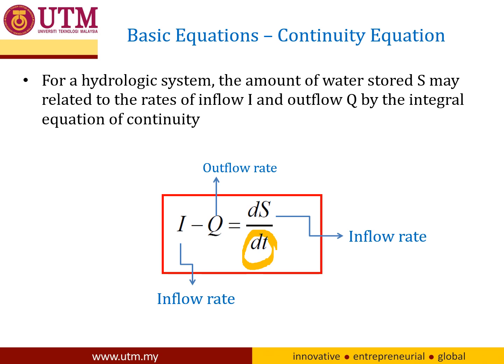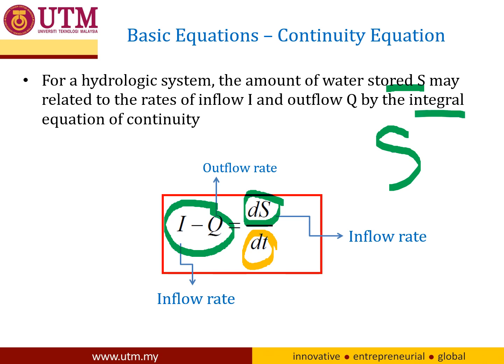So the concept here is that for a hydrologic system, the amount of water stored, or storage, may relate to the rates of inflow and outflow. Here we have dS, the change in storage, which relates to the inflow and outflow, I minus Q. So we can use the integral equation of continuity.